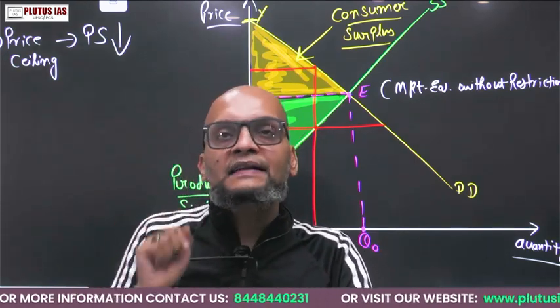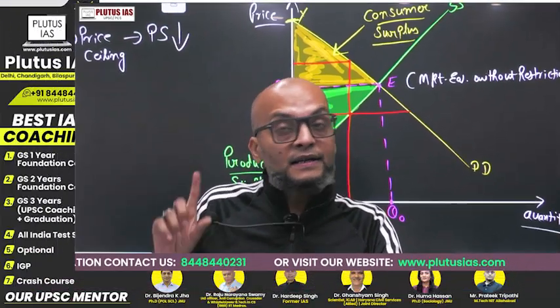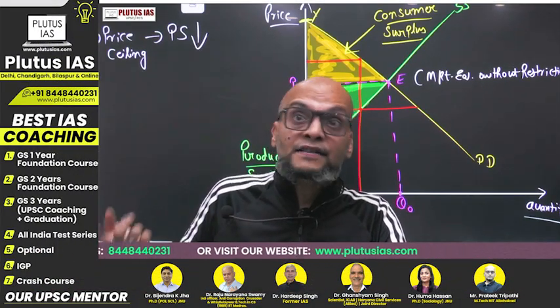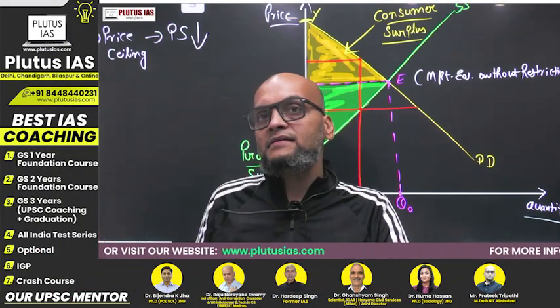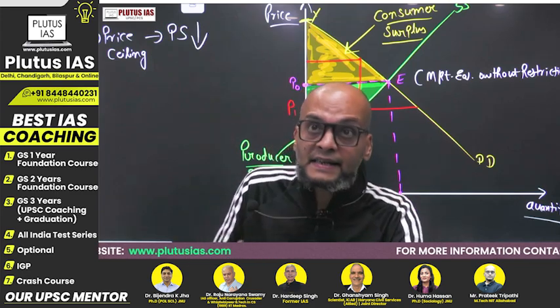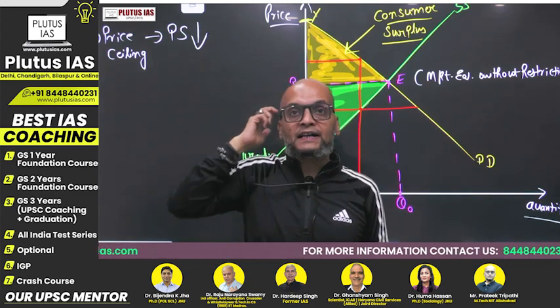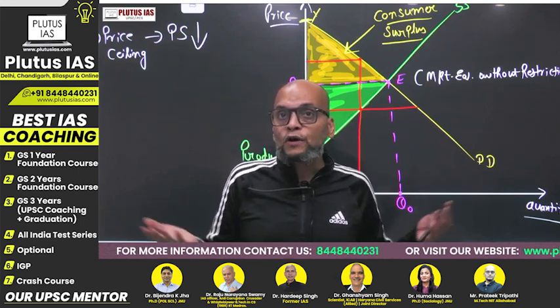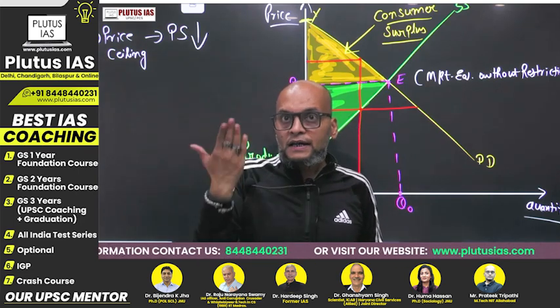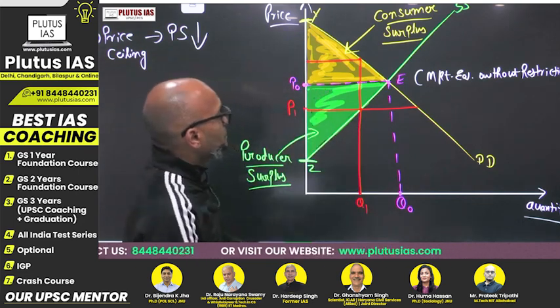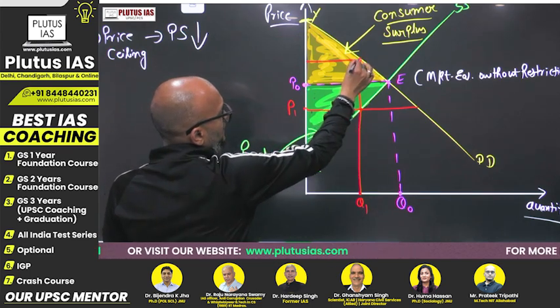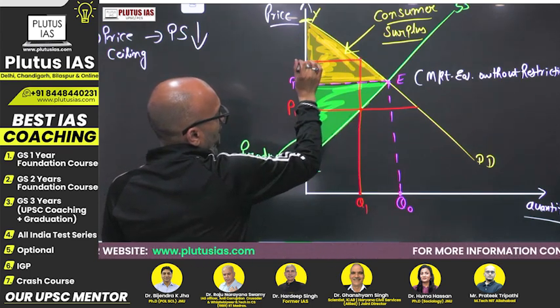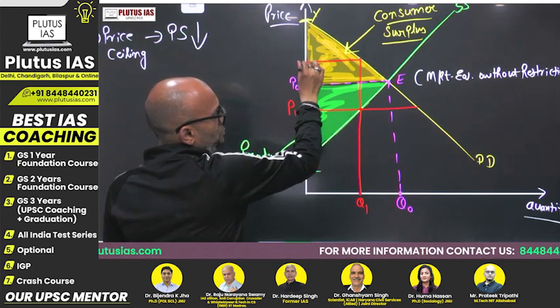No, again there is one more condition. See, consumer surplus can increase or it can even decrease. How sir? How will it decrease? See, when the prices of goods have declined, consumers may decide to purchase more quantity of goods. Yes or no? Demand increases. They will start purchasing more. When they start purchasing more, then they will actually be paying this much price.